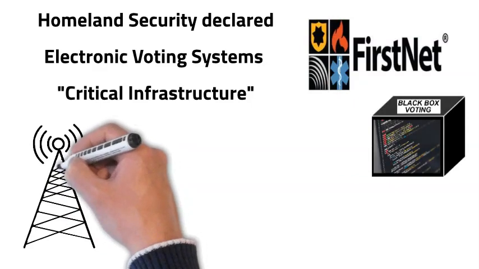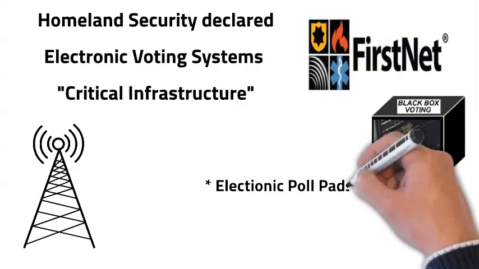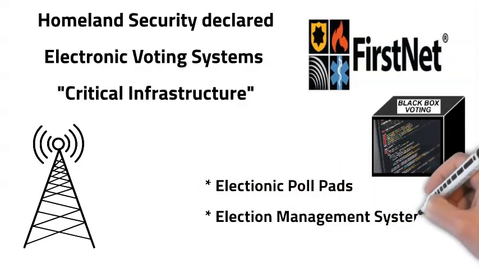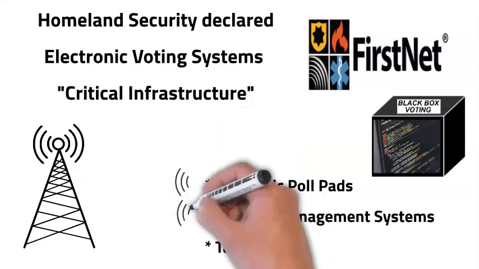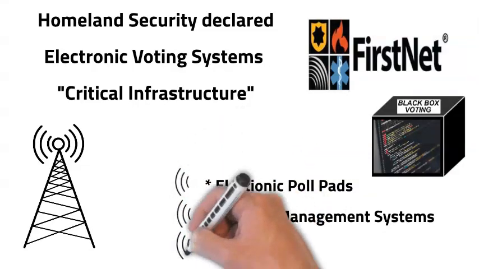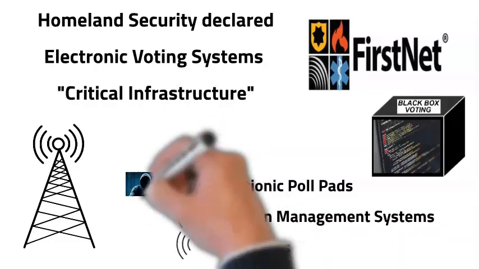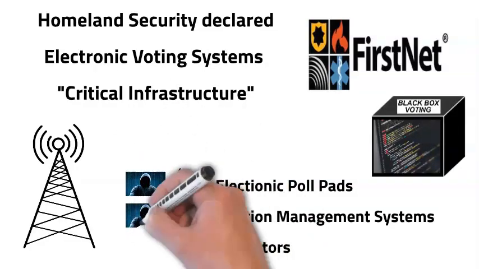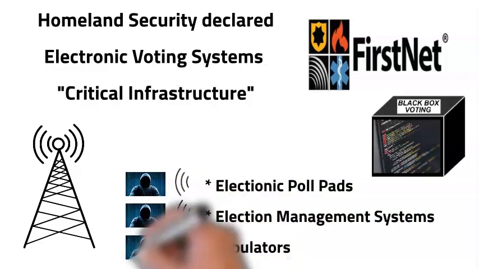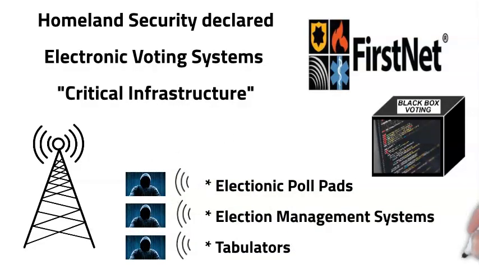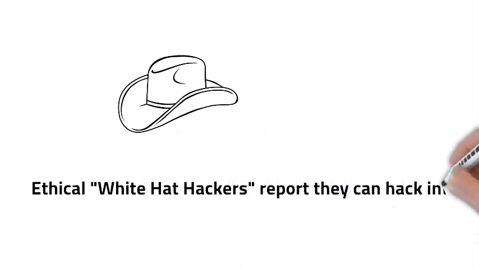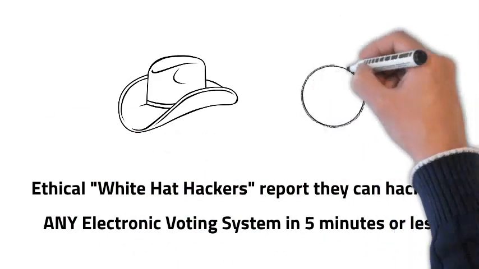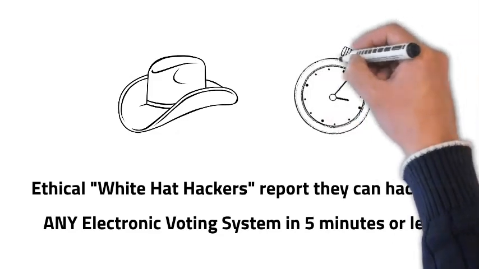This coverage assures electronic poll pads, election management systems, and tabulators with internet connection capabilities could be connected as critical infrastructure to the FirstNet cellular network and given priority service, regardless of the presence or quality of local wired internet service. To sum up, each of these multiple connections are potential entry points for hackers to intercept and manipulate the election results without detection. Cyber experts who test electronic voting systems and who are also ethical white hat hackers report that they can hack into any electronic voting system within 5 minutes or less.